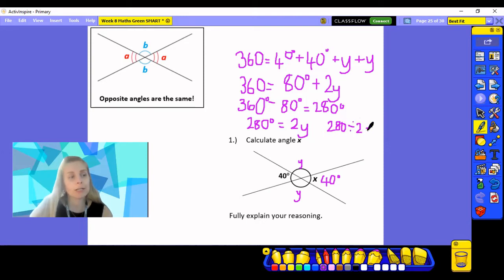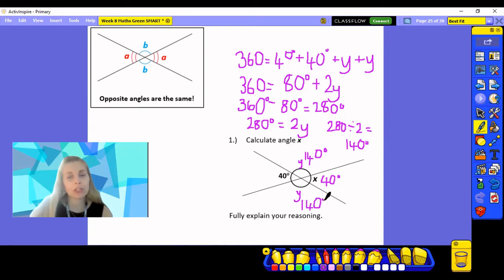Okay, and if I divide 280 by 2, I halve that, I get 140 degrees. So I have then found out that this side is 140 degrees, and as is this y here, because my y is going to be 140 degrees.